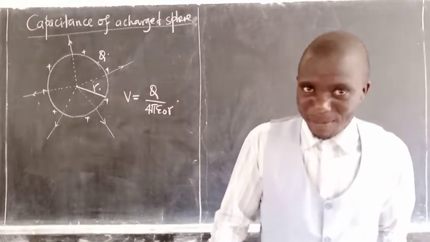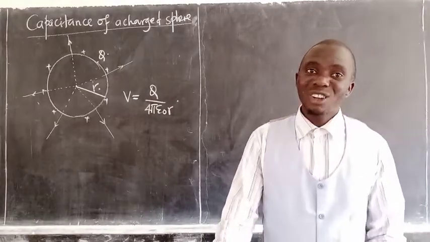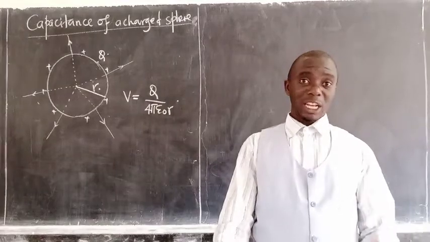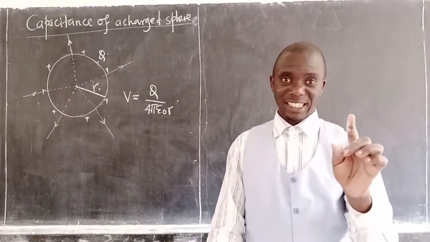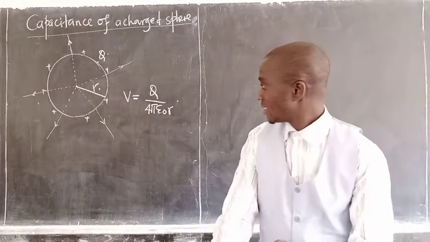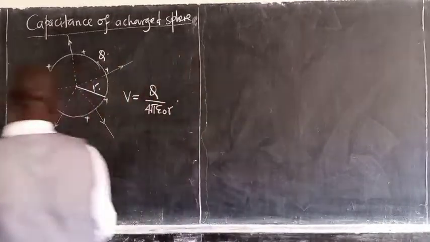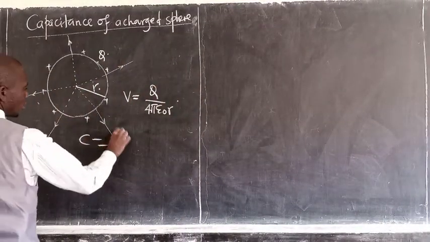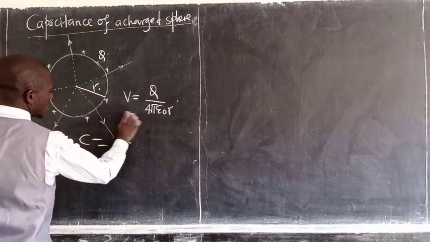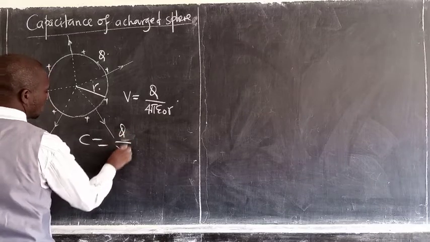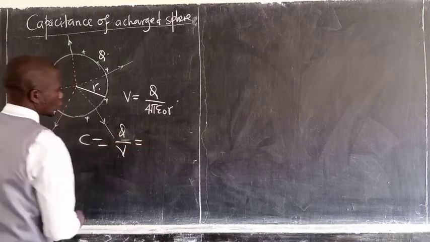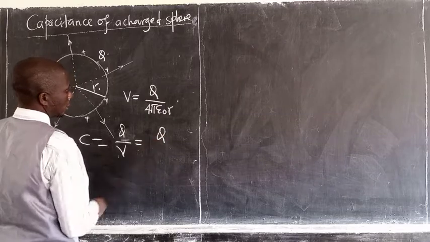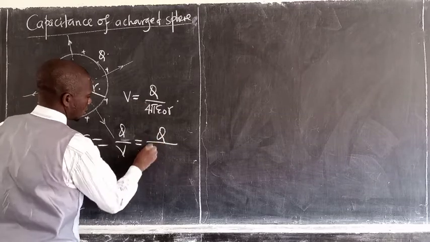From definition, capacitance is the ratio of the magnitude of charge to the potential difference. So the charge is this, potential difference is this.